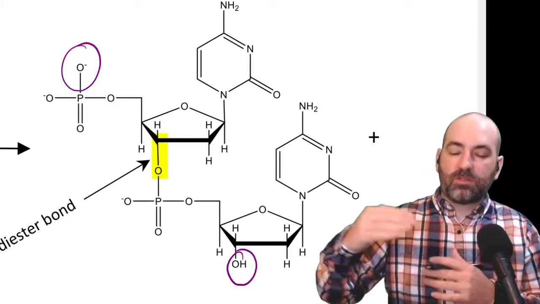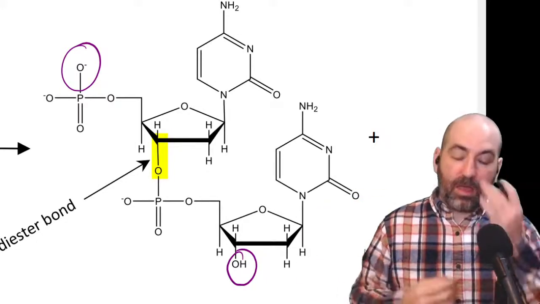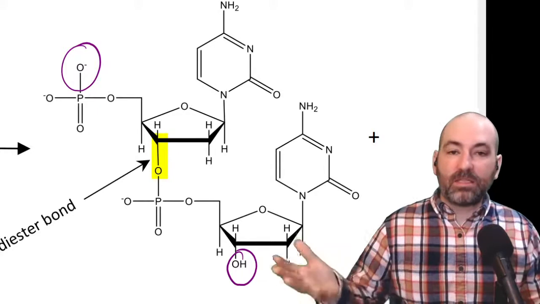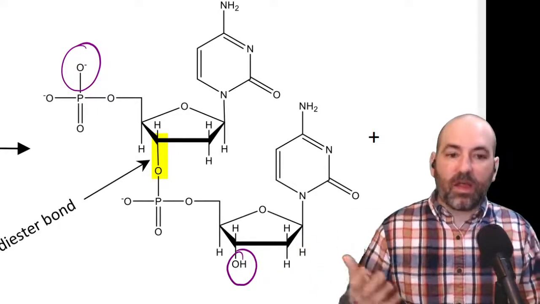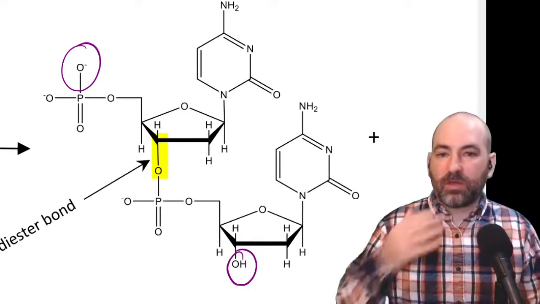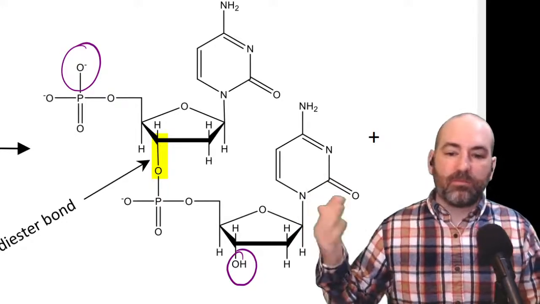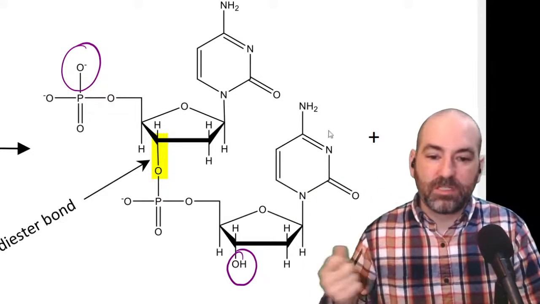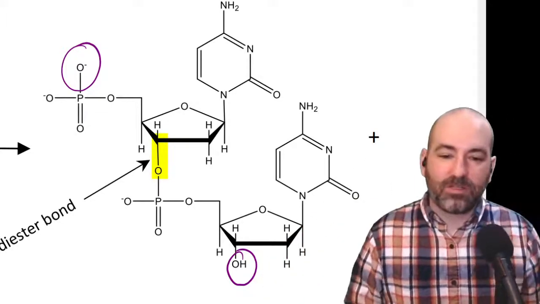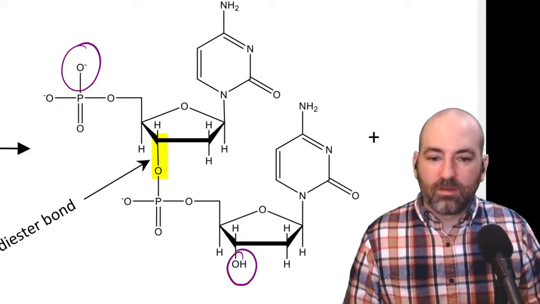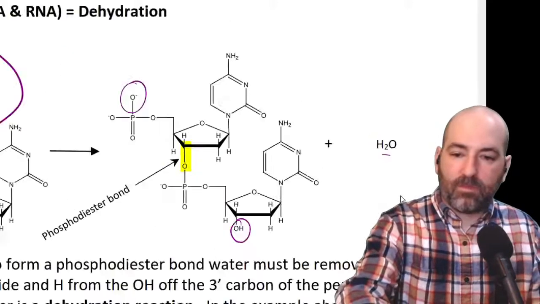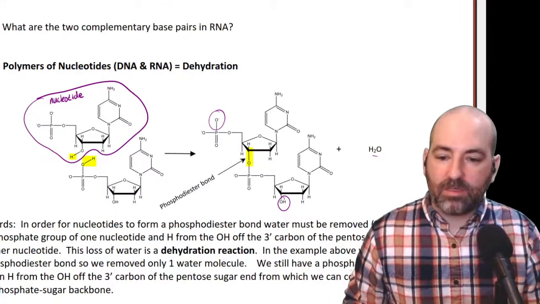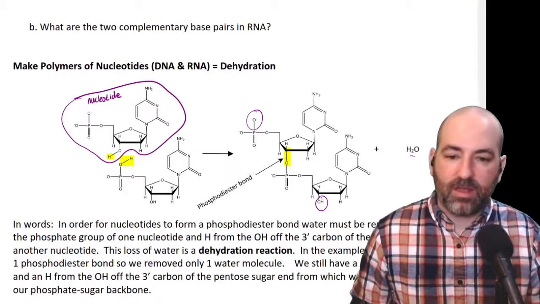This would happen over and over again, and depending on the order of the bases, that gives us what we might call our genetic sequence, our sequence of nucleotides, A's and T's or G's and C's that form the entire strand. All right, so that's the chemistry of how these things are put together with that dehydration reaction.